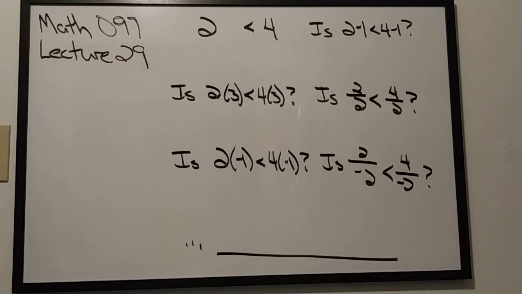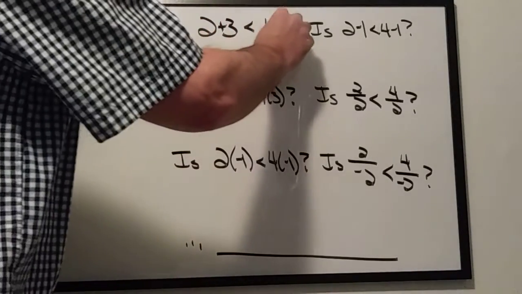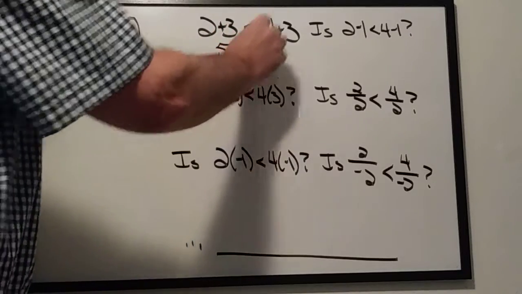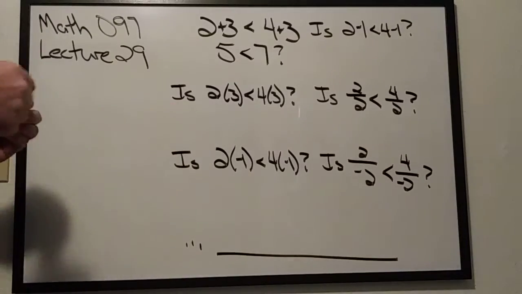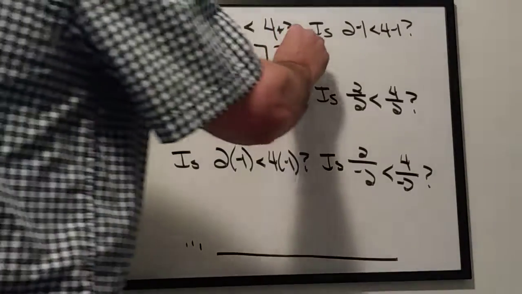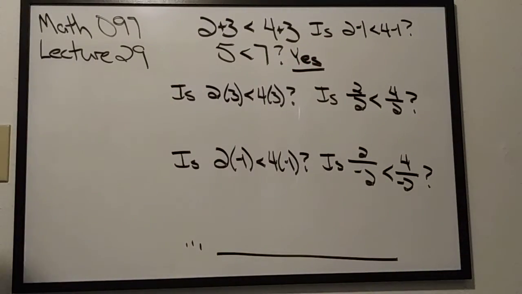So let's try it. 2 plus 3 is 5. 4 plus 3 is 7. Is 5 less than 7? The answer is yes. And because the answer is yes, adding 3 to both sides of an inequality will still create a valid inequality.